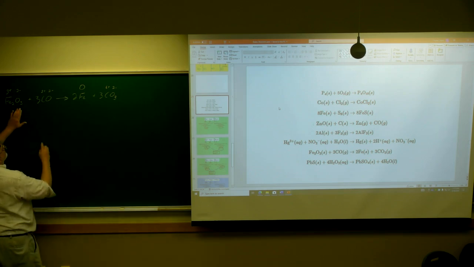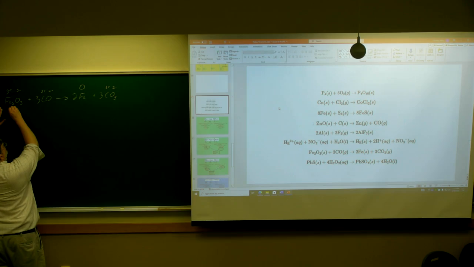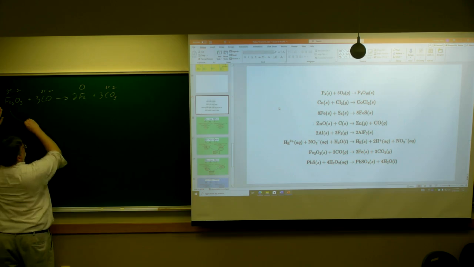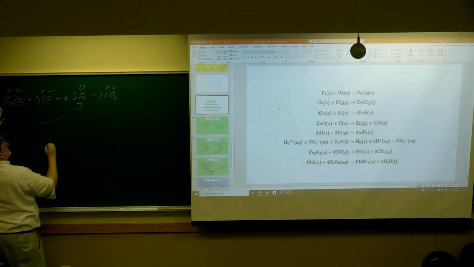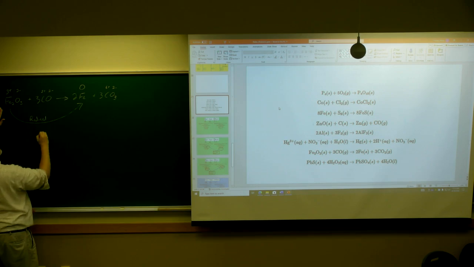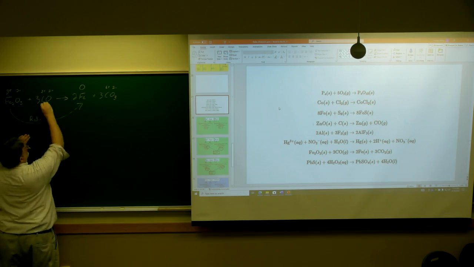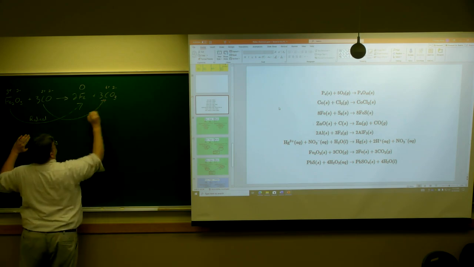Iron is 0, okay. So iron goes from +3 down to 0. So that's reduced. And carbon goes from +2 up to +6.